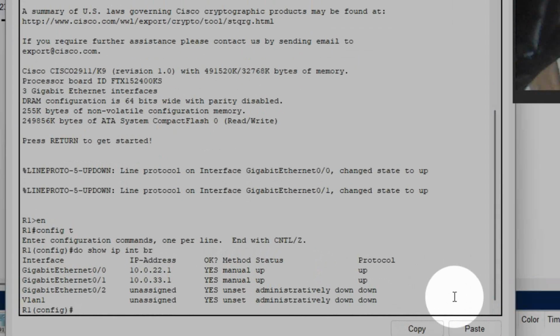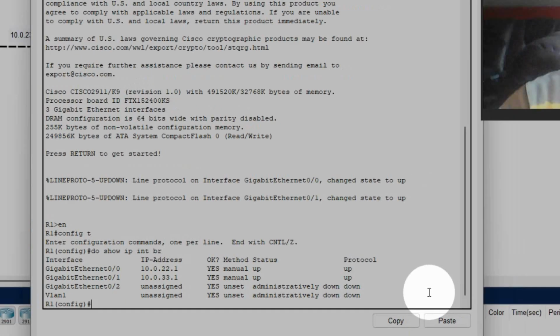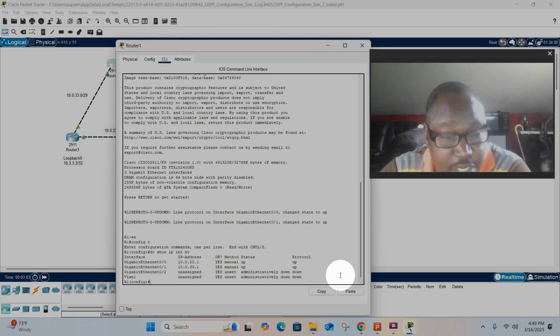So as we can see, the G0 and the G1 interfaces are up. So the one that we're going to use as the router ID is 10.0.33.1. All right. So that's the one we're going to start with.